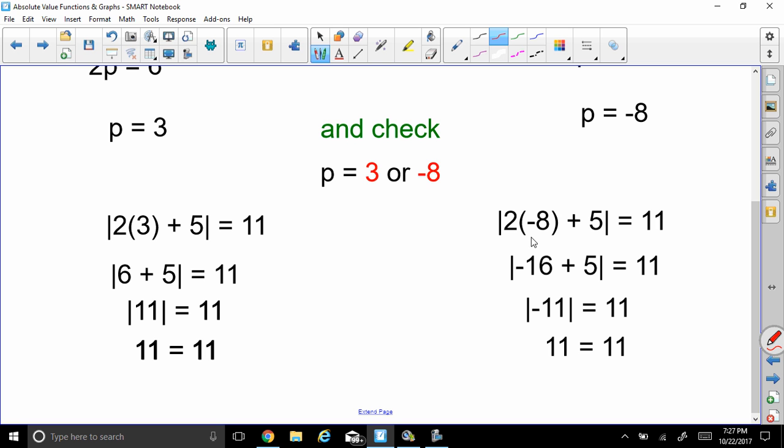We have 2 times negative 8 is negative 16, plus 5. We have to subtract them, choose the sign of the 16 because it is bigger. 16 minus 5 is 11, and choose the sign of 16, which is negative, so the absolute value of negative 11 is in there, and if we take that, that'll give us positive 11, so it does check out. So these answers are correct.